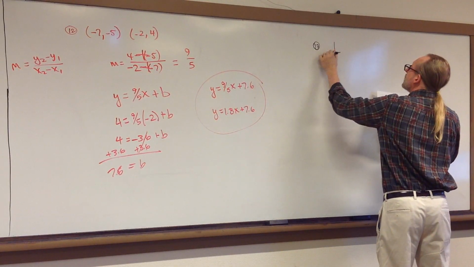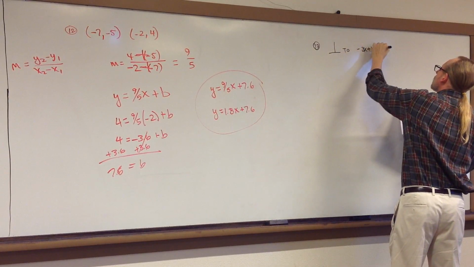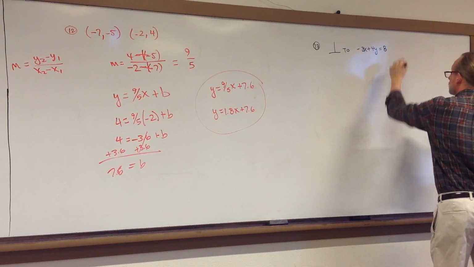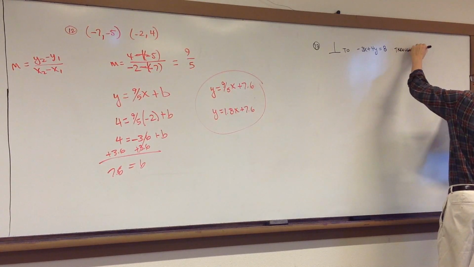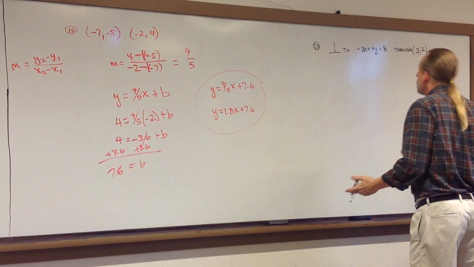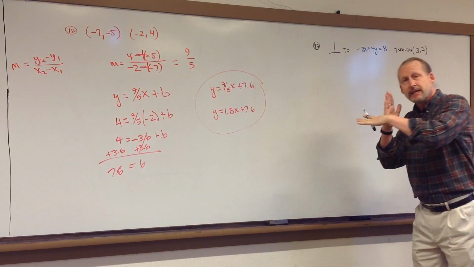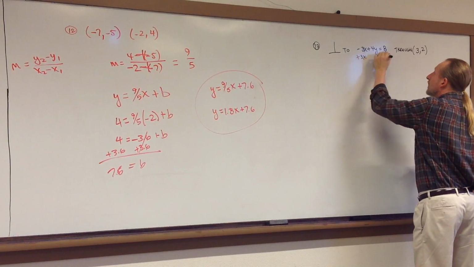So we want it perpendicular to -3x plus 4y equals 8 and passes through the point (3, 2). All right. So again, the first thing that we need to know about this line is what's the slope? Well, if it's perpendicular to this line, then it'll have the negative reciprocal slope. So let's find out what the slope for this line is.